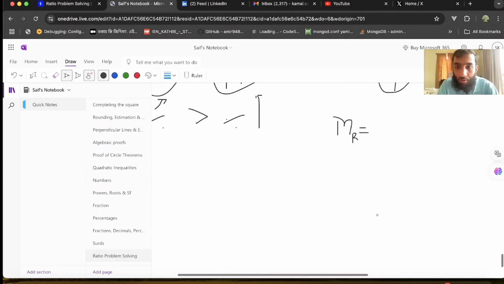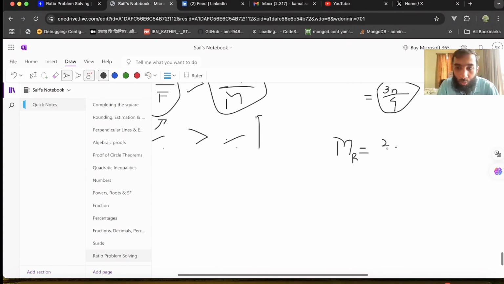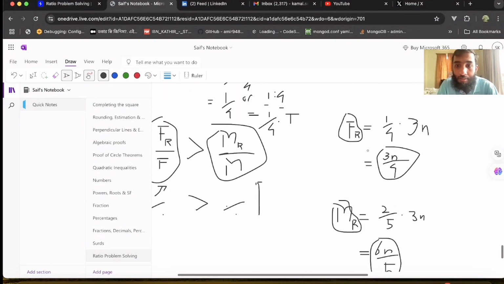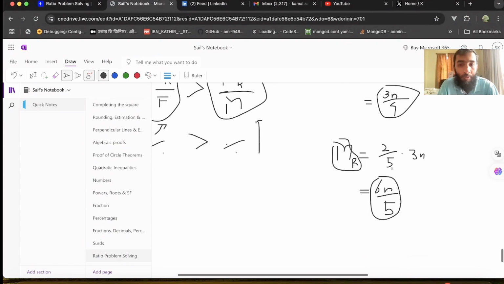Thrice n. So this is basically 2/5 of the entire population, which is thrice n. So this is what? 6n by 5, right? So the right-handed male population is 6n by 5. The right-handed female population is thrice n by 4.